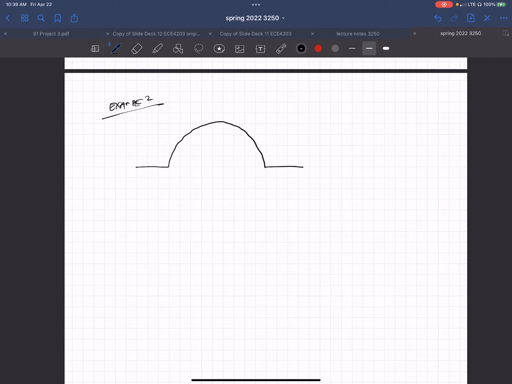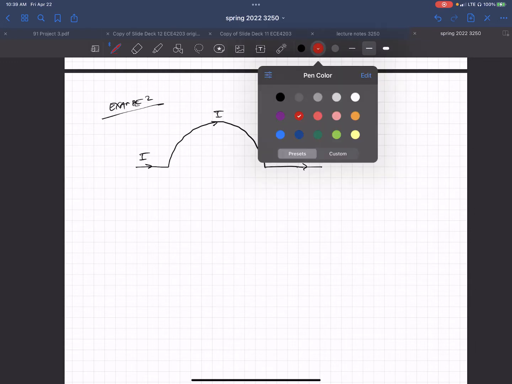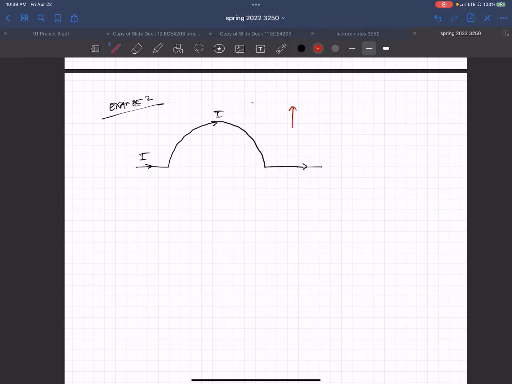Let's say the wire is doing that, and there is a current running through this wire. And let's say it's in a magnetic field that's pointing up, and assume that this is uniform. And it's in the plane of the screen, obviously.